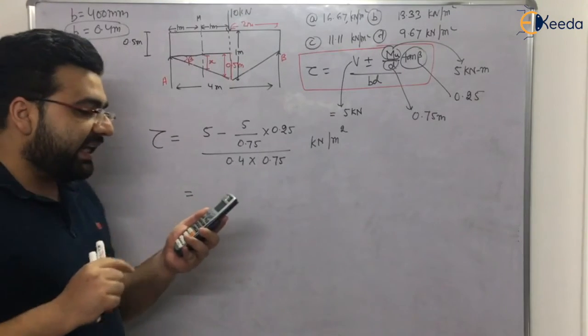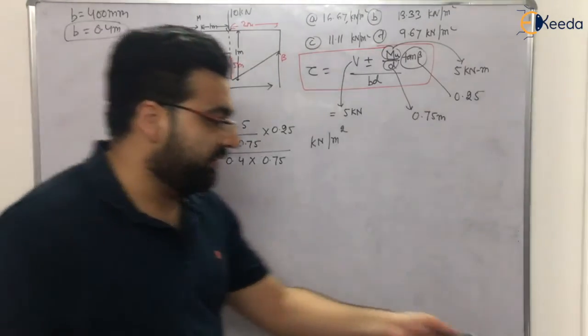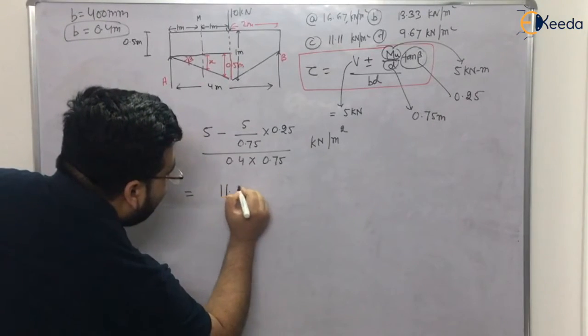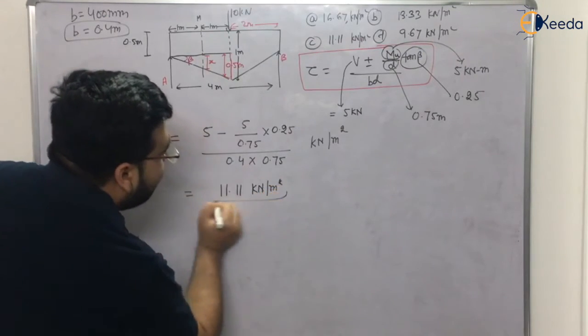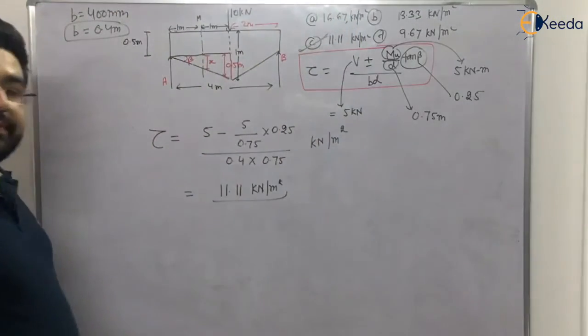It comes out to be 11.11. I guess everybody is getting the same answer. The answer is 11.11 kilonewton per meter square. So option C is the correct answer.